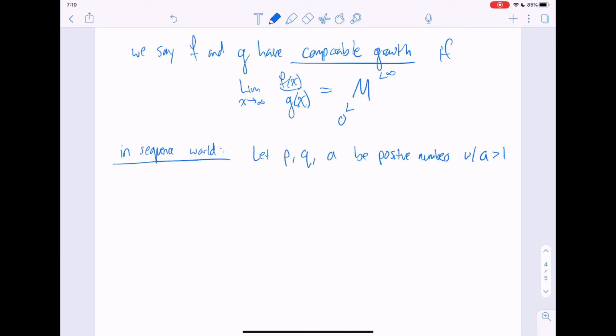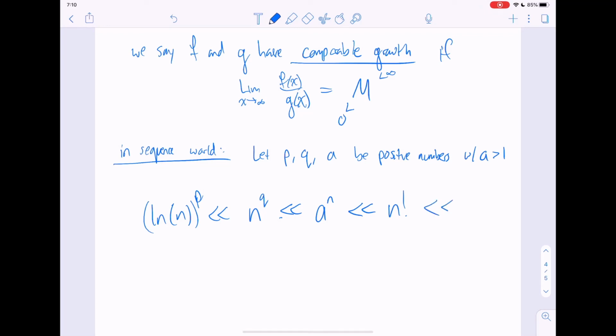It turns out that there's sort of an ordered growth chain. It turns out that the ln of n to the p is somehow super slow. It's outpaced by n to the q for any q, which is outpaced by a to the n, which is outpaced by n factorial, which is outpaced by n to the n.